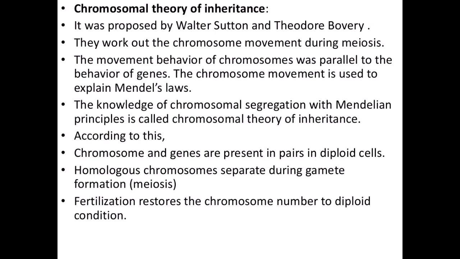The knowledge of chromosomal segregation with the Mendelian principle is called the chromosomal theory of inheritance. According to this, chromosomes and genes are present in pairs in diploid cells. Homologous chromosomes separate during gamete formation, that is meiosis. Fertilization restores the chromosome number to the diploid condition.